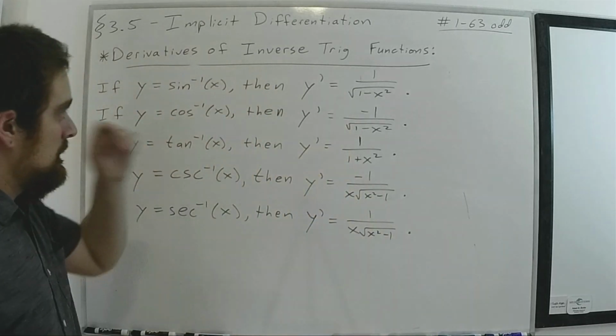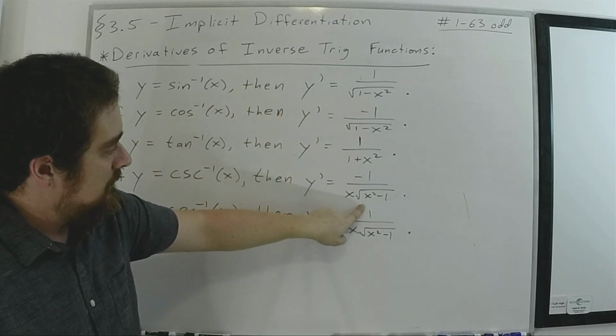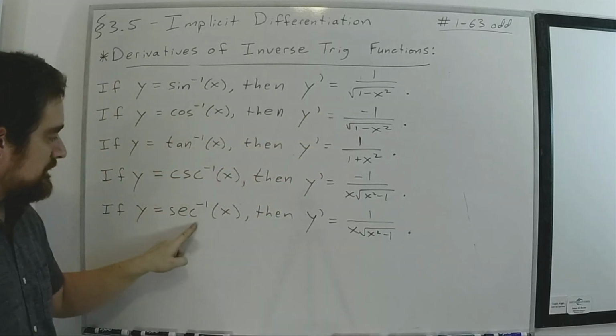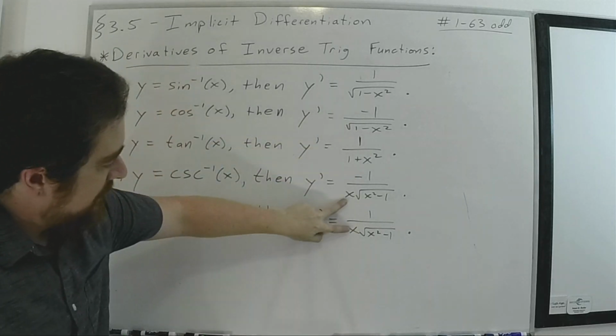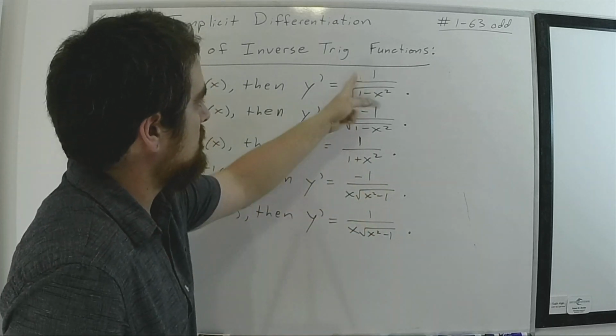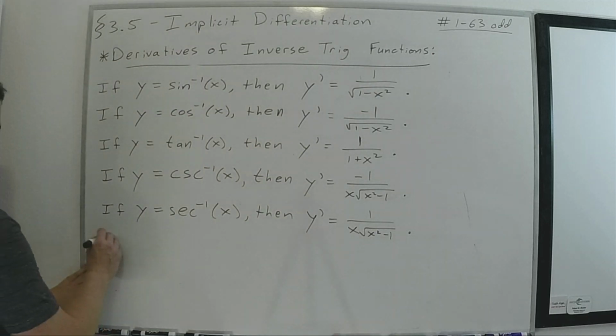Be careful: sine inverse and cosine inverse are formatted differently than the cosecant inverse and secant inverse functions. They have a little extra x variable down in the denominator, and they're also looking at x squared minus 1 instead of 1 minus x squared. So just a little change there.